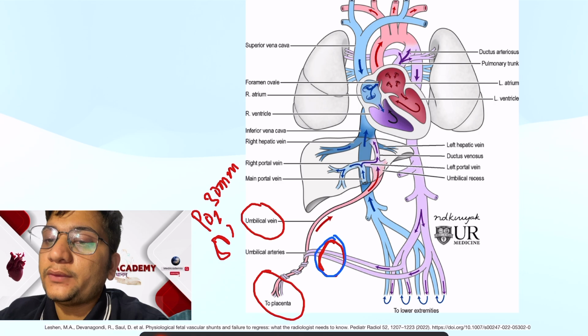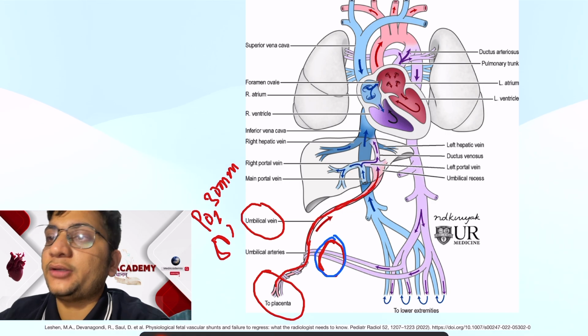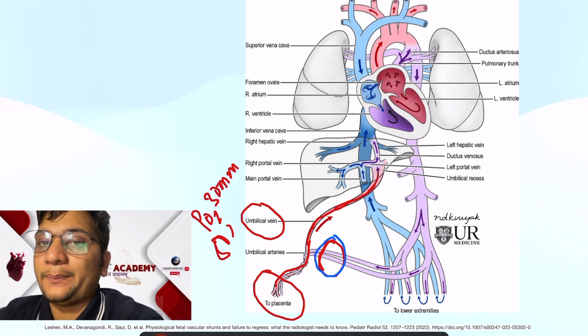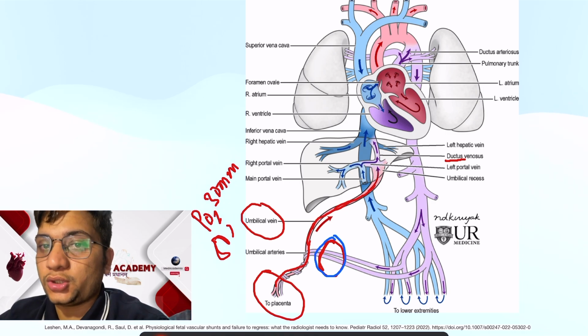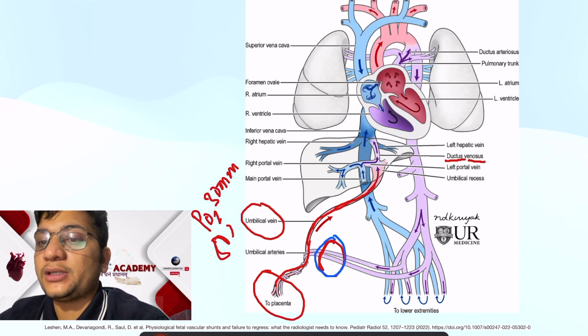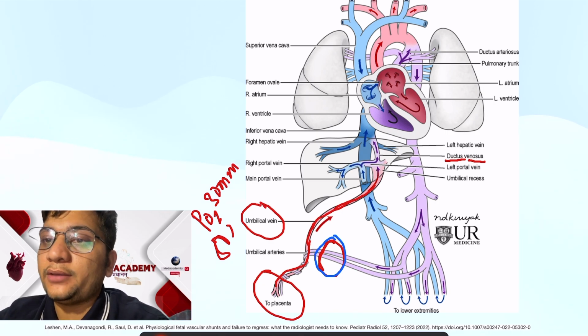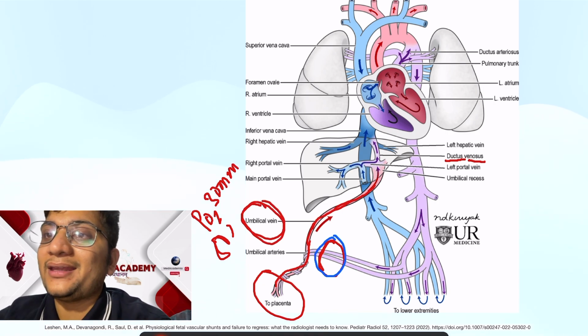So the blood through the placenta goes through the umbilical vein, and from the umbilical vein there is a first level of bypass. So there is a duct which connects the two venous circulation. The first vein is of course the umbilical vein itself, and the second vein is the inferior vena cava.